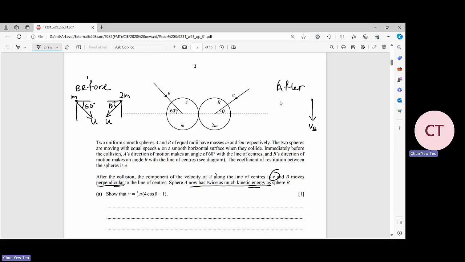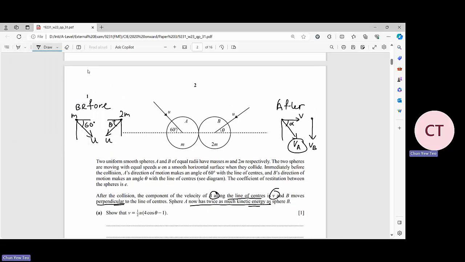They say that the component of velocity along the line of centres is V. That means that the horizontal component is V. But A might be going this way, with the angle alpha. So we will assume that after the collision, A is moving in this direction.